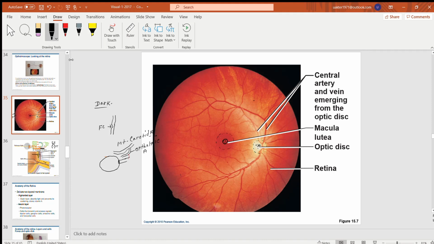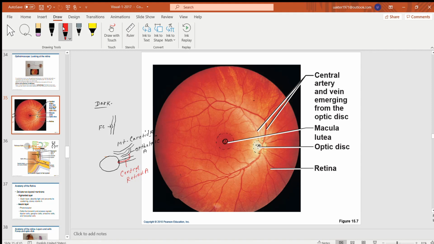So this is the optic nerve, and you know the optic nerve has the connective tissue covering, and this artery pierces the covering and enters the optic nerve, and then through the center of the optic nerve it enters through the optic disc into the eyeball, and this artery is called the central retinal artery. Makes sense? Because it is going to the retina.